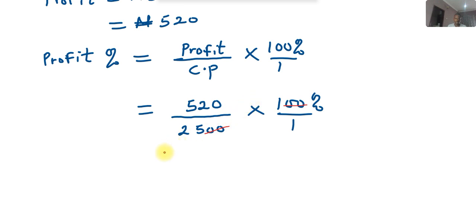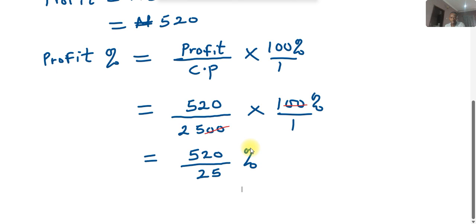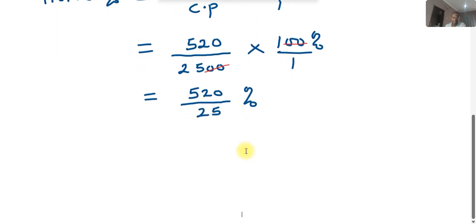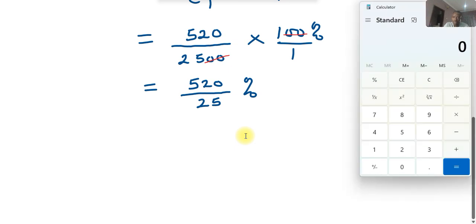All right, then we are left with 520 over 25. And if we proceed to press our calculator to find that, now if you press the calculator, you have 520 divided by 25.